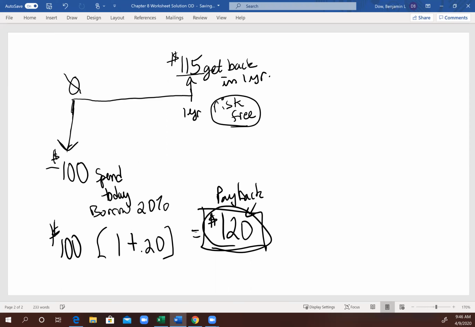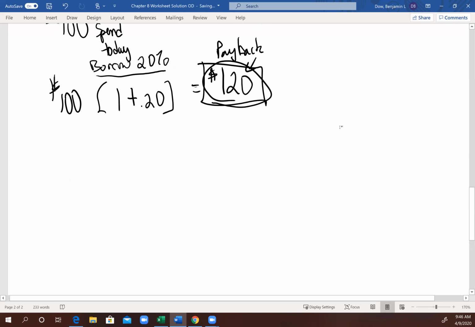And all of a sudden, getting 115 a year from now isn't really that attractive because you had to borrow the money at 20%. So a lot of times we ask, is something a good idea or not? It kind of depends. And what does it depend on? It depends on your circumstances.